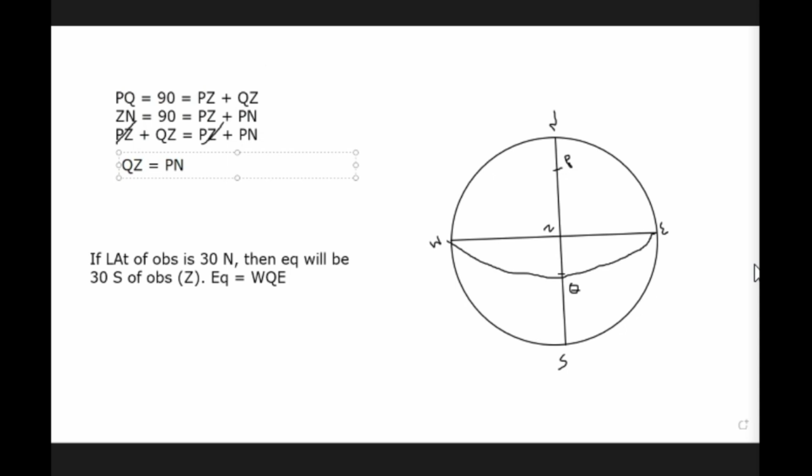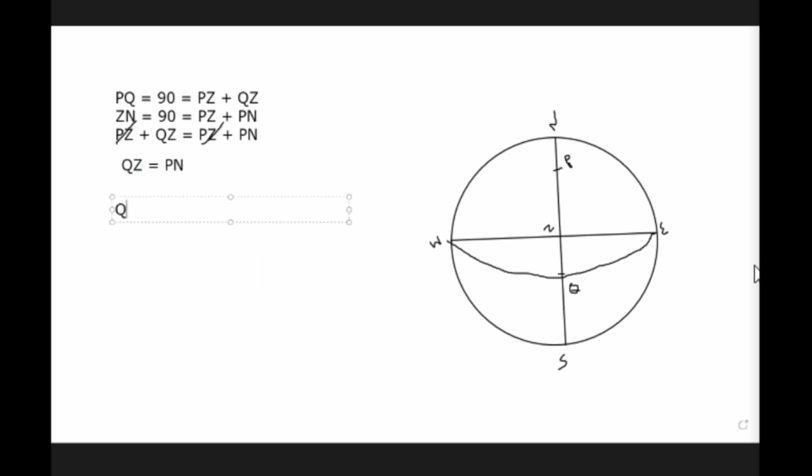What we have here then becomes, let me just delete this. QZ is equal to latitude of observer. What is Pn? Pn, it is the arc of the vertical circle between the pole and the rational horizon, no?